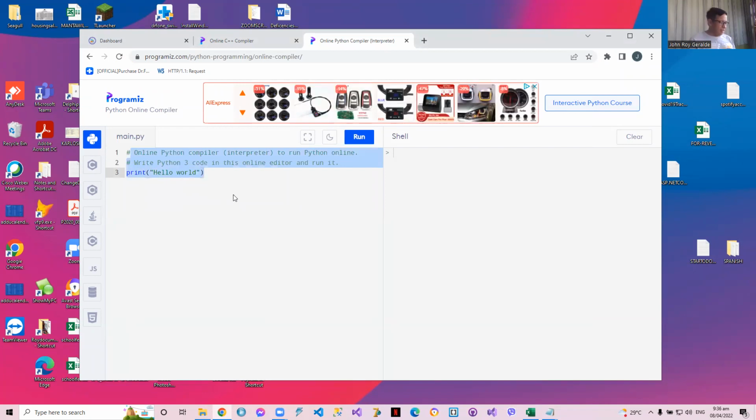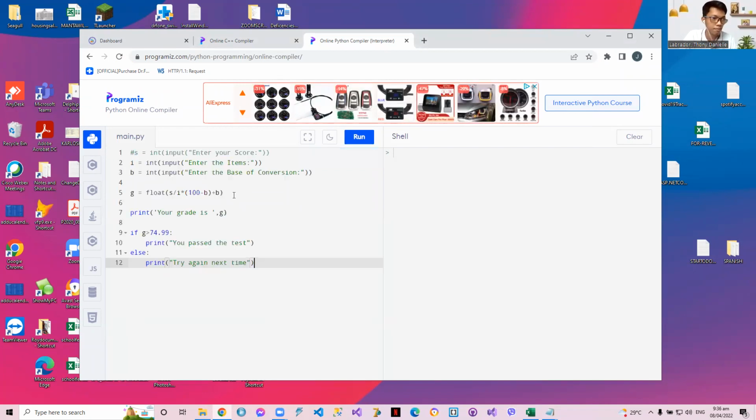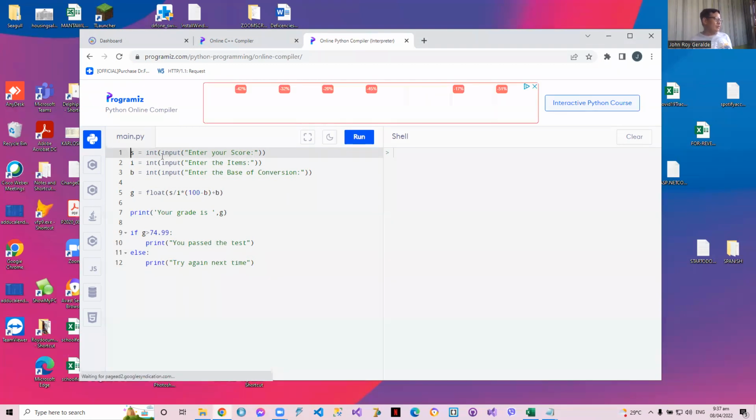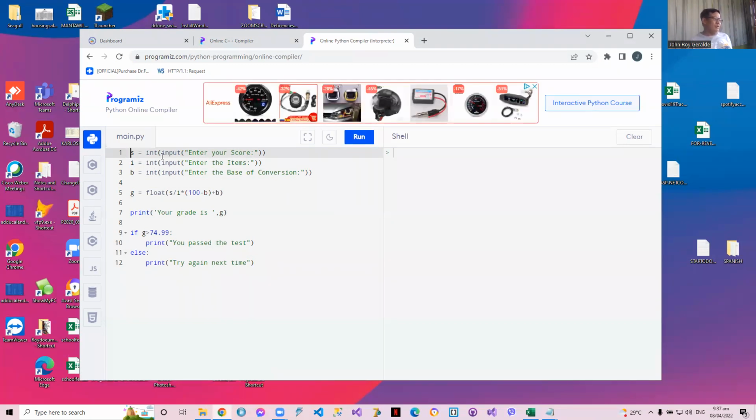So this is much easier, because Python is a typeless language, and there are no braces. You just indent. We don't declare variables in Python. However, when we use input, inputs are automatically converted into strings. So we need to use an int converter for score, items, and base. And then we need a float converter for the computation of grade.